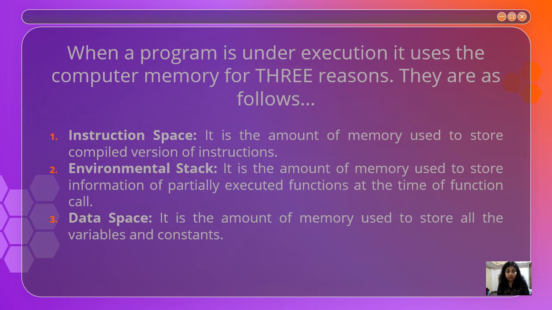During the function call, the problems may be solved partially and the obtained results are stored in this environmental stack memory space for further usage. Then we have the data space. It is the memory space where we can store all the variables and the constants of the given problem.